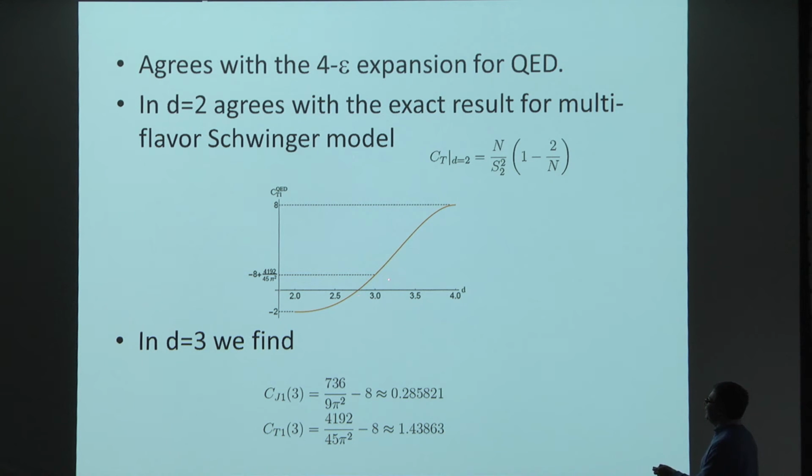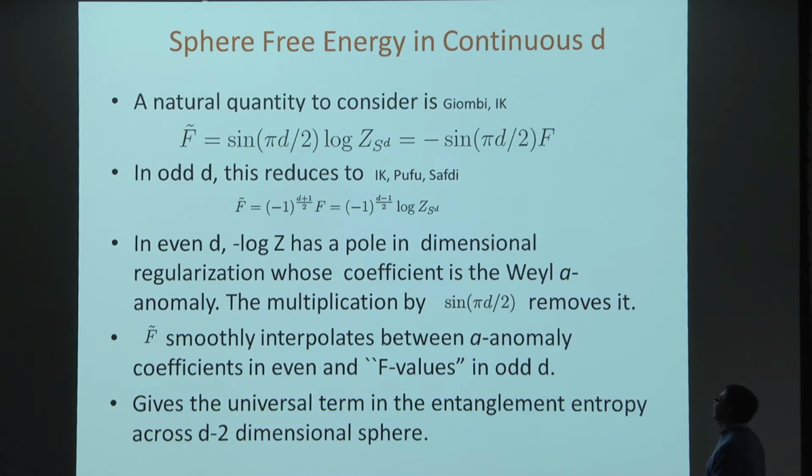So there is a lot of room between 8 and minus 2. And so if you want a quantitative answer, actually large n seems to be the way to go. And these are the explicit answers that we find in D equals 3, which, I hope, could even be potentially comparable with some experimental data.